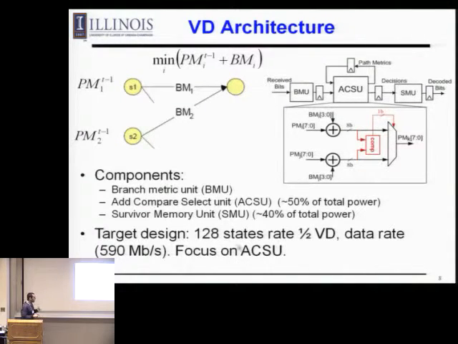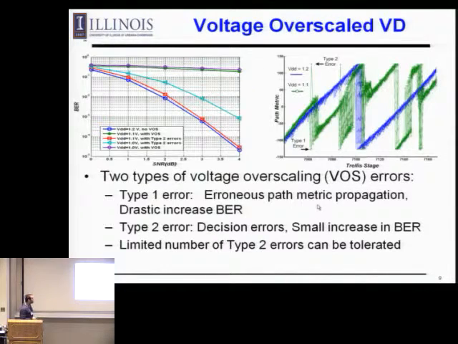In our design, we target 128 states. The target decoder rate is 590 megabits per second. Our main focus is decreasing the power of the add, compare, select unit, as it is the main computational block and consumes around 50 to 60% of total power.